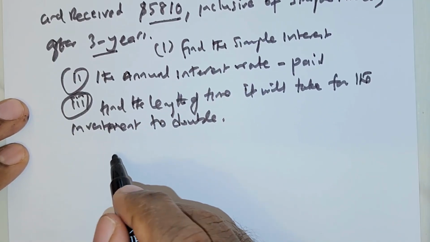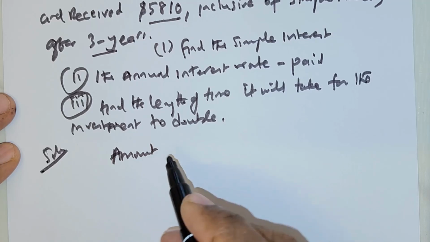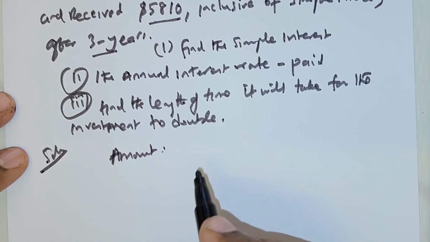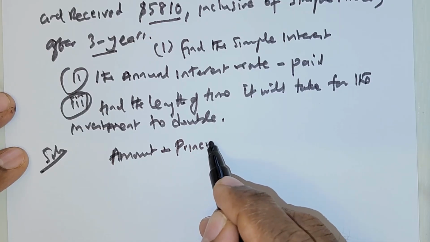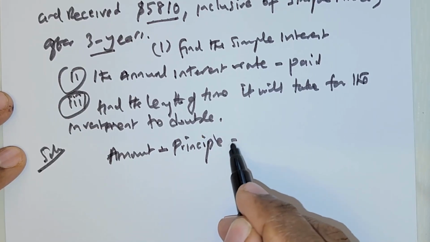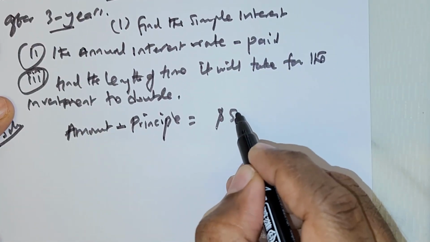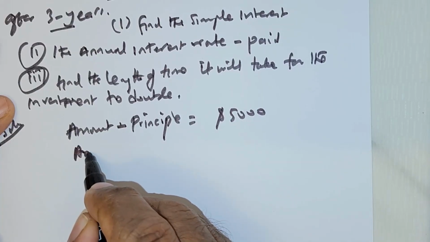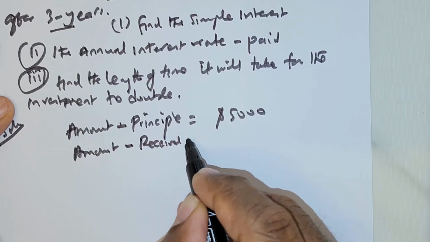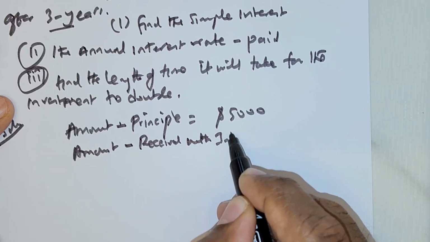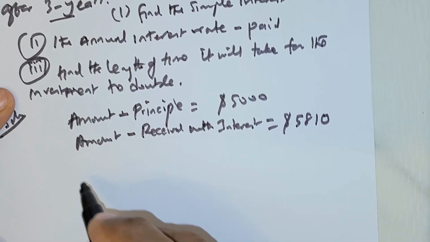So this is the solution. The amount invested, or you can call it the principal, is $5,000. Amount received with interest is $5,810.